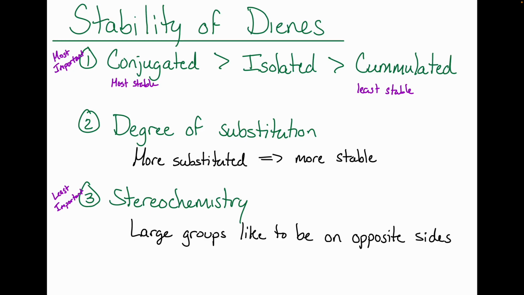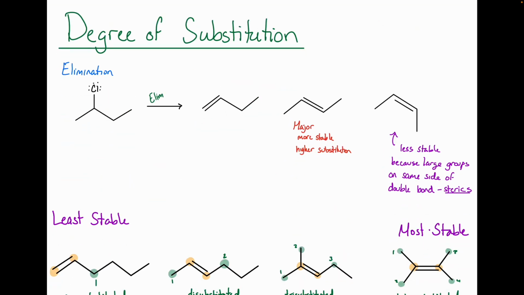And the bigger the group, the more true that is. In this case, they were two methyl groups. So you probably would see a little bit of this minor product in your reaction mixture. If they were more carbons, if they were propyl groups or something like that, all of a sudden you wouldn't see very much of this at all, because it becomes that much less favorable depending on the size of these two groups that you're cramming next to one another.